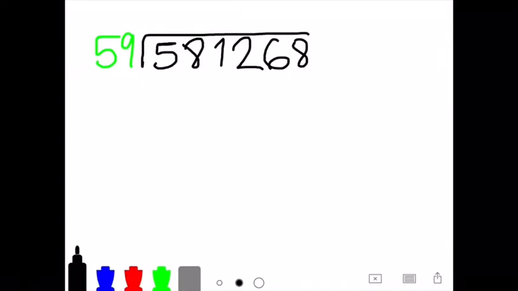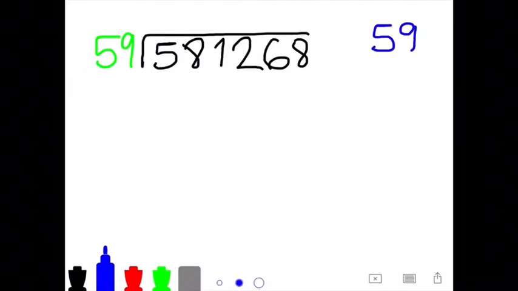And at this point, you have to actually try and use your common sense because it's a bit stressful and it's a big number. But if you think about it, round 59 to 60 and round 581 to 600.